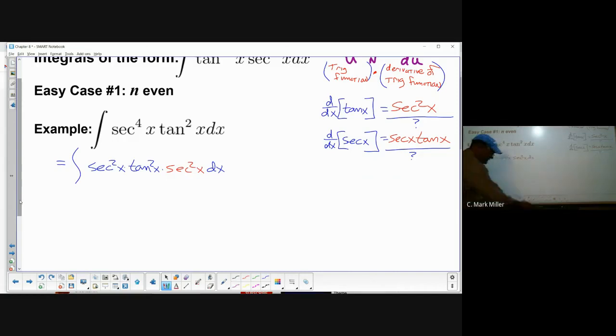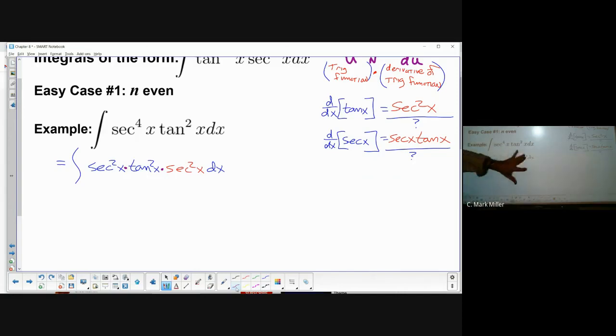Those are all multiplied, okay? How is that going to help us? What's the derivative of tangent? Secant squared. So when I do that, I'm intending to convert everything to tangent, except that secant squared.